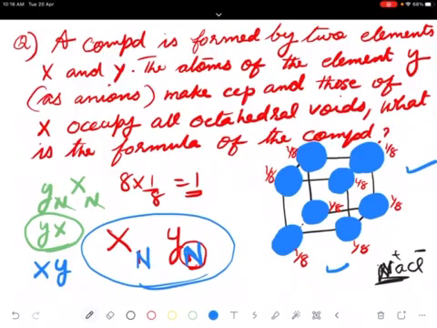The specialities of the unit cell are the same as those of the entire crystal lattice. If there are N Y atoms, there will be N X atoms. So X N Y N, this N will get cancelled. So the formula will be XY. Next question.